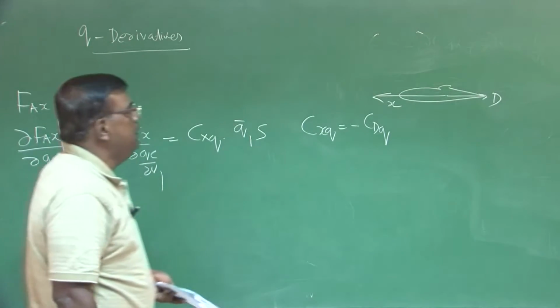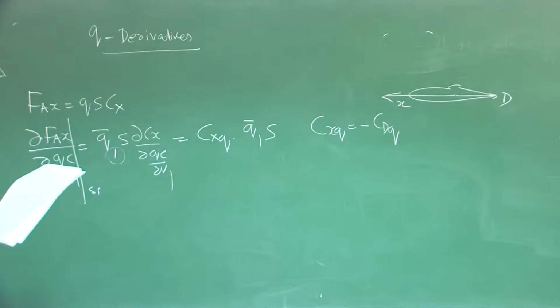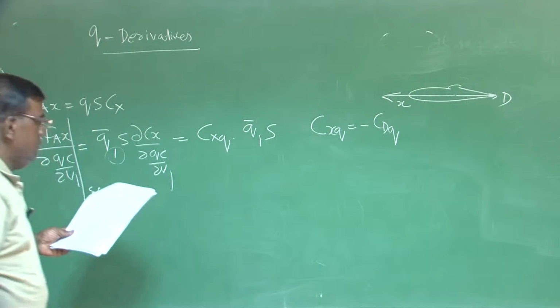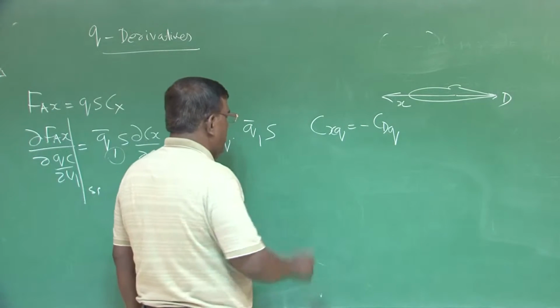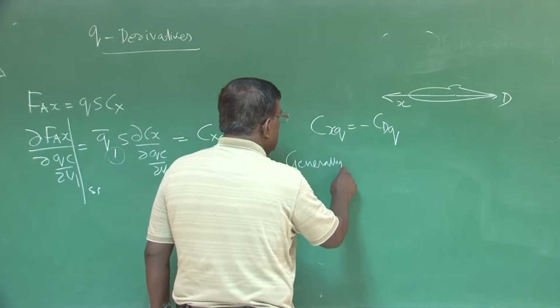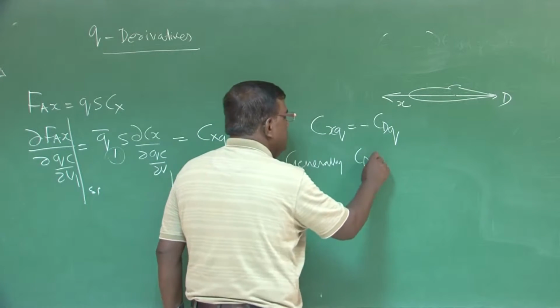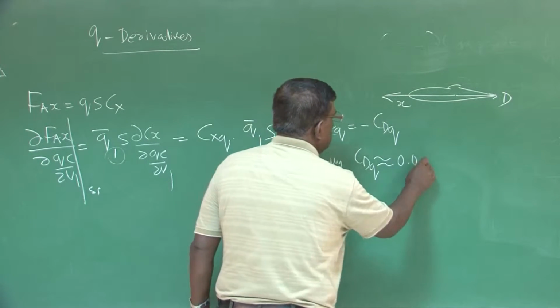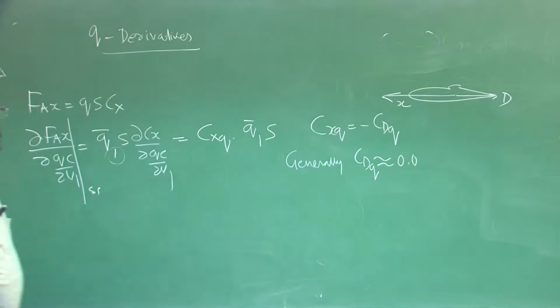So, there is a minus sign. And then another relief for us, generally CDQ is very negligible, so we will take it as 0. Please understand, these assumptions are in no way restricting you from using a finite value and going for complete analysis.